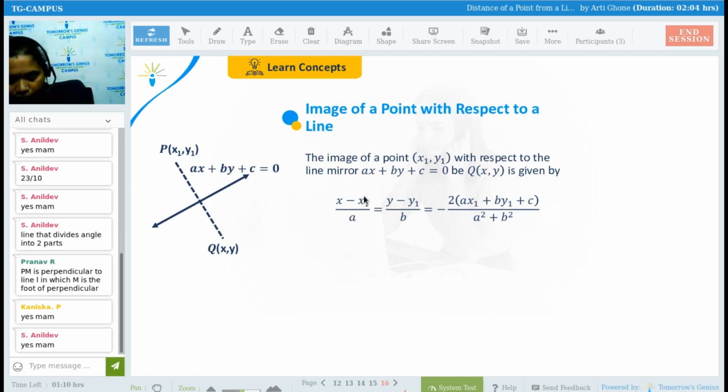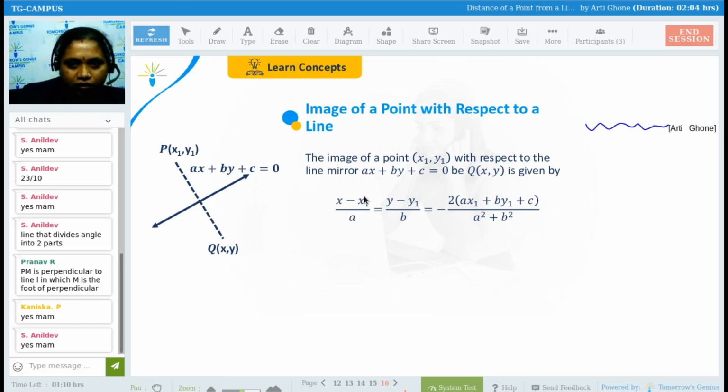Okay. Now, the image of any point with respect to a line. Now, image problems work over reflections also. So, reflection is producing an image. Can anyone answer me: if the question is like, there is a water surface, a ray is incident and reflects.